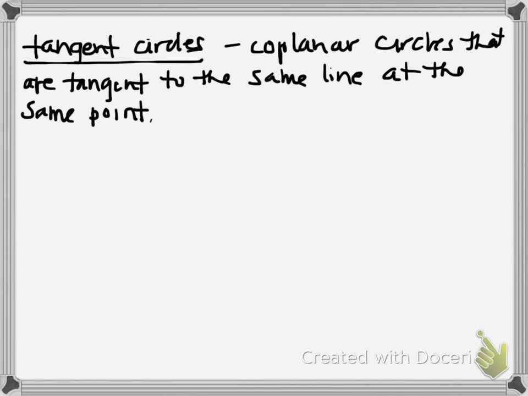Okay? So there's two different types of tangent circles that you can have. And they relate back to the two types of tangents that you can have related to a circle in a sense. Okay? So we had internal tangents, we had external tangents. So we can have circles that are internally tangent and circles that are externally tangent. All right? So let's start with internal.